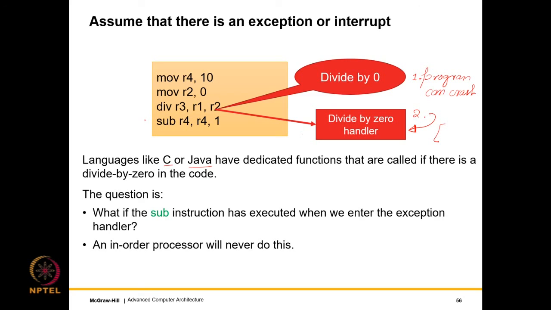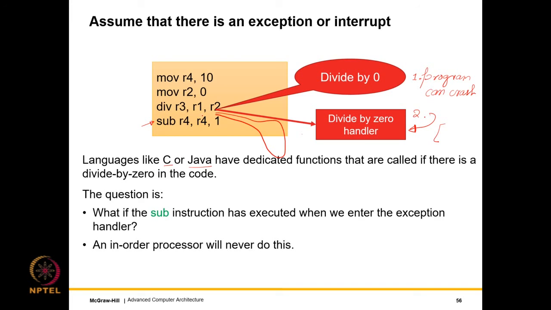The important question over here is that should the sub instruction, so let's say our exception handler is called over here, right? And let's assume it does something and then again it comes back. So at this point when the exception handler is running, should the subtract instruction have completed, what about the subtract instruction, right?